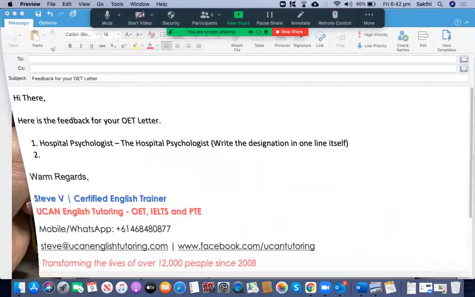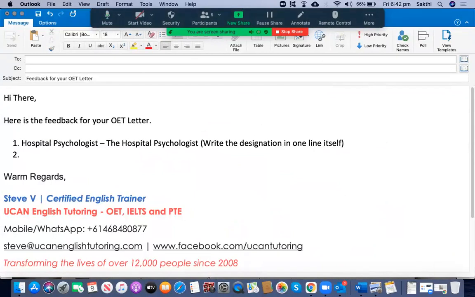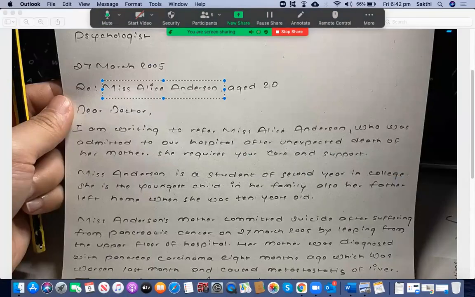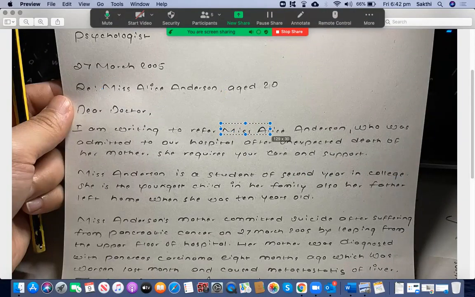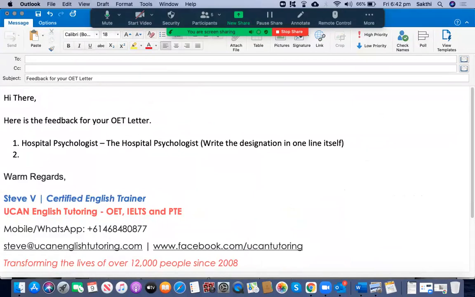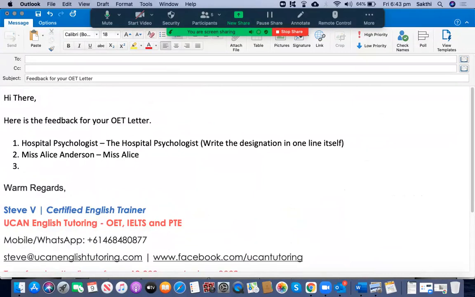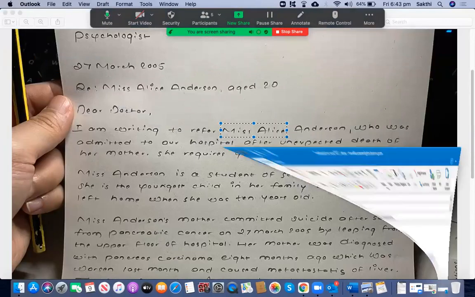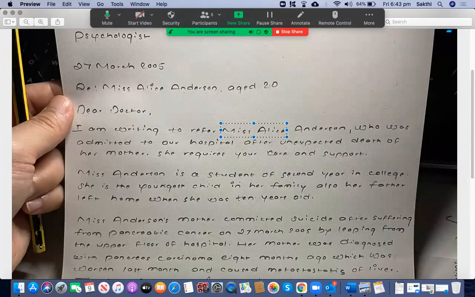If they have given Miss already, then you have to use Alice only. So instead of writing Miss Alice Anderson, you should have mentioned Miss Alice only. So write the full name of the patient once only. After that, you shouldn't write it fully.